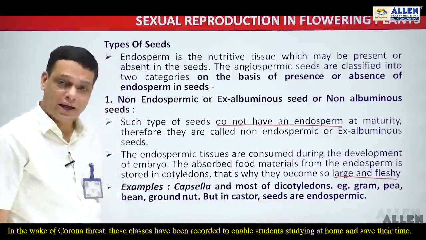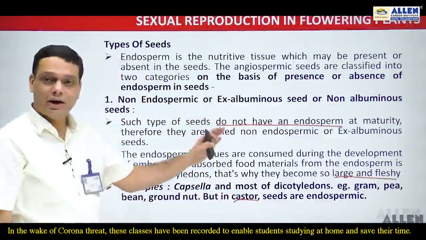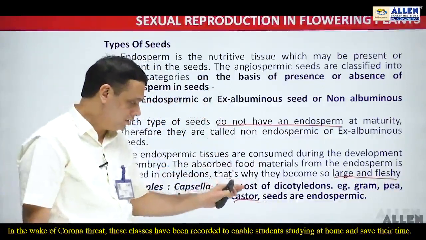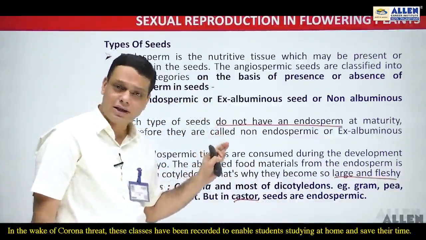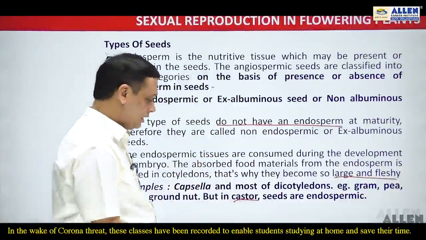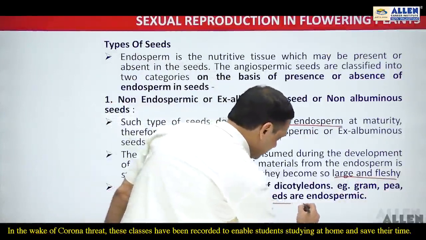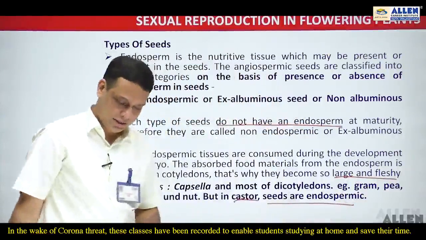But there is one exception also, that is the castor. Castor is a dicot plant, but its seeds are albuminous, or you can say endospermic in nature. A very important exception.